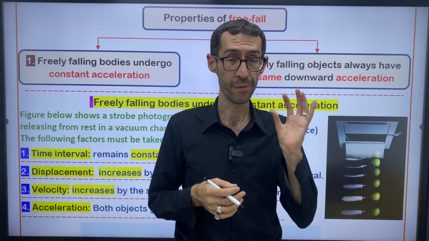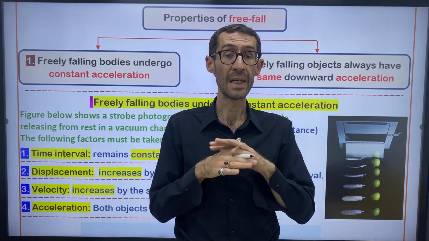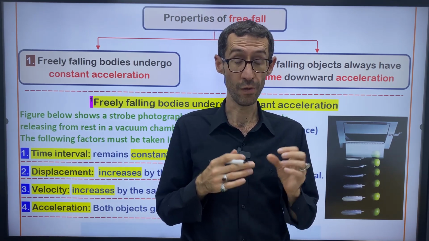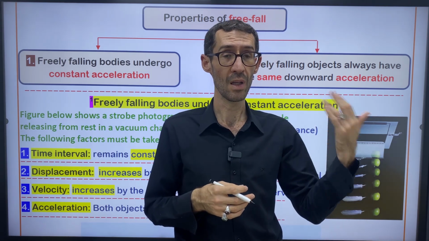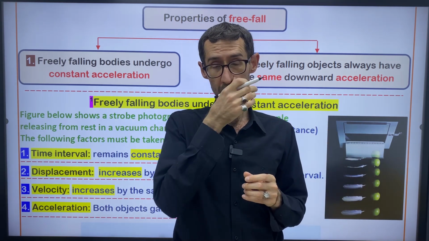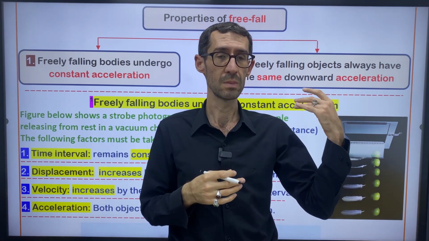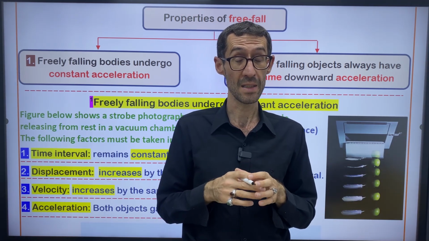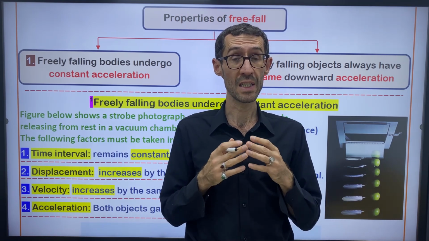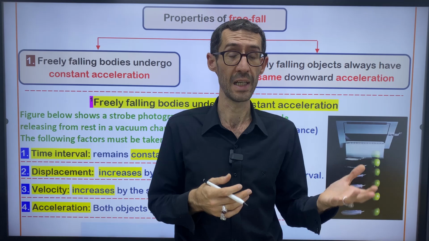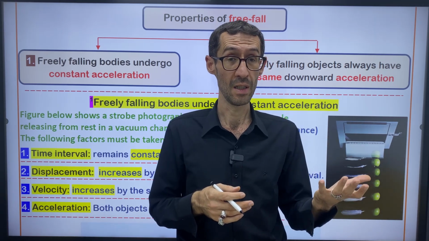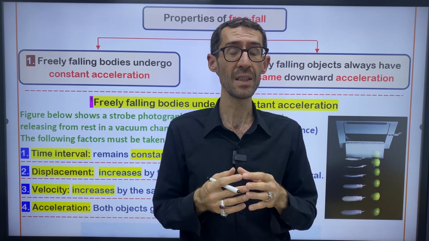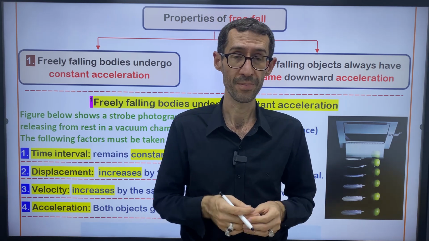And free fall should be taking place near the surface of the planet under the only action of gravity of the planet, regardless of the action of other forces. Whenever you say near the surface of a planet, it means you ignored air resistance, you ignored friction. So any motion near the surface of a planet is considered to be free fall.